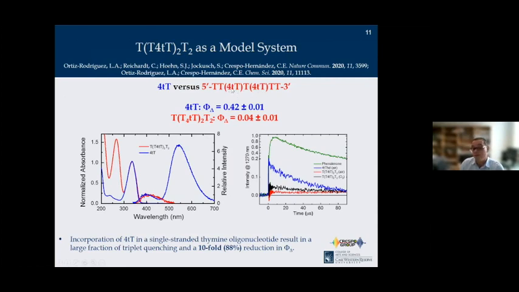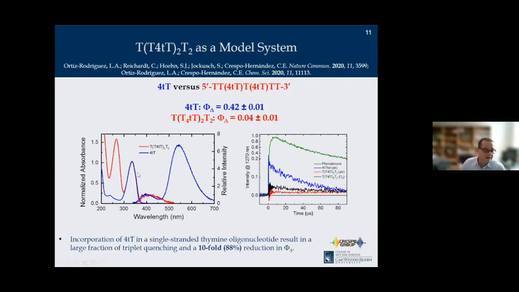The reason that we put two 4-thiothymidines, we only need one to do the reaction, is because we wanted to have enough absorbance in the UVA to be able to selectively excite. You can imagine when you put one thiobase inside a polymer, you dilute the absorption or the concentration. So that's just technical reasons. You can do the same reaction with only one.